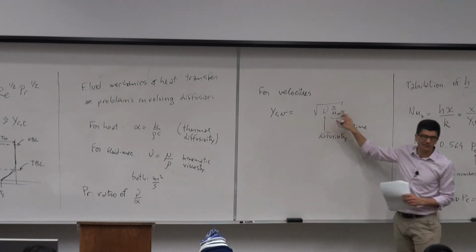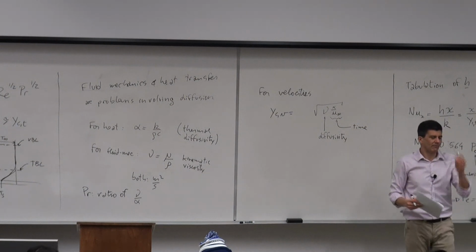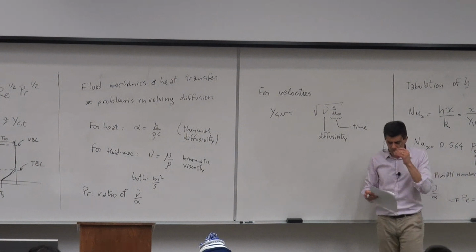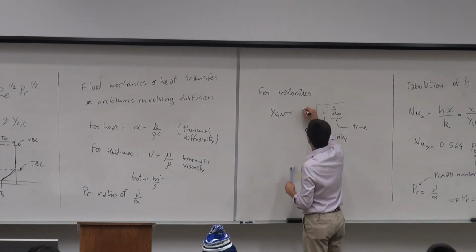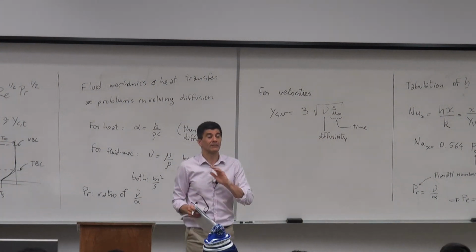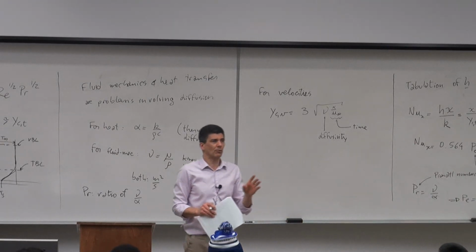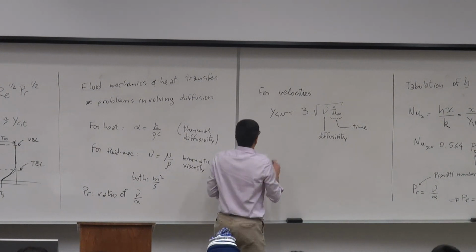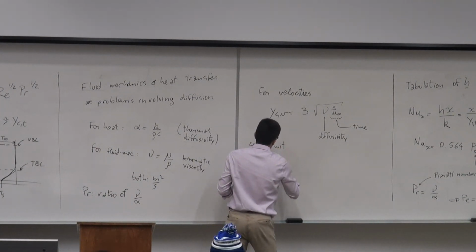This is the same as alpha t, but it's nu x over u infinity. And now we used to have, for a semi-infinite solid, square root of pi. Do you remember? Square root of pi is more or less 1.77. But in this case, it is 3. This value of 3 is not trivial at all. This comes from solving very difficult equations that don't give you an error function now, they give you something else. So compare these.